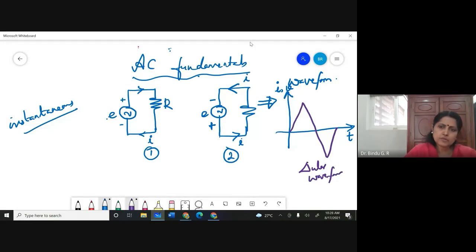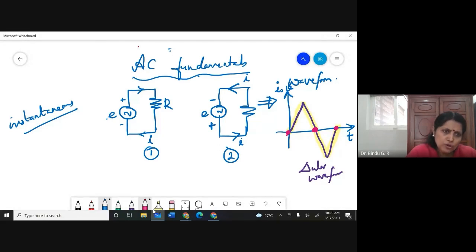This means current goes on increasing, reaches a peak value, and then goes on decreasing, goes to the other direction, increases and then decreases. You have a point where the current or the voltage becomes zero. So switchgear can be operated easily, or the design of the switchgear is easier.